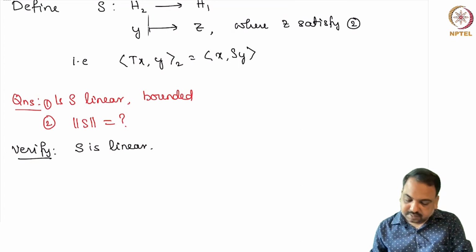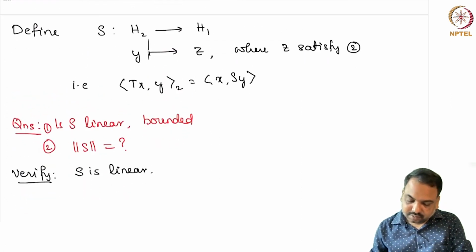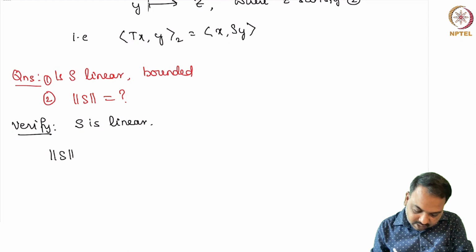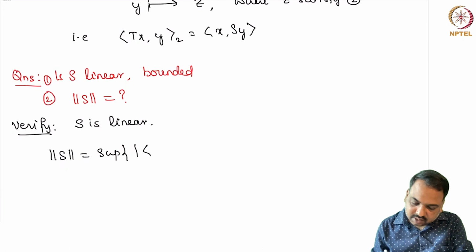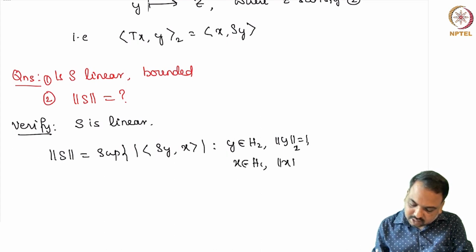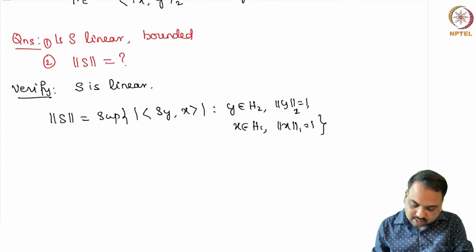So it is enough to show that the norm of S is a finite quantity. By definition, as we have already proved earlier, this is the supremum of the modulus of the inner product of Sy with x, where y is in H2, norm y equal to 1, and x is in H1, norm x is 1.